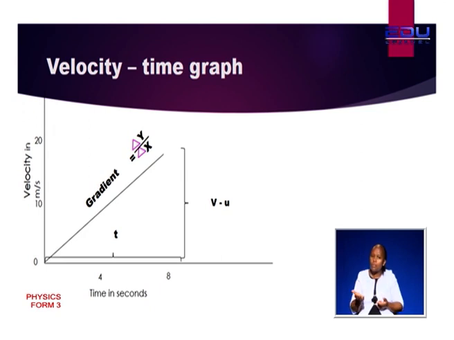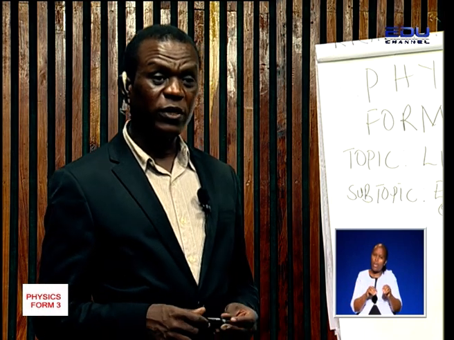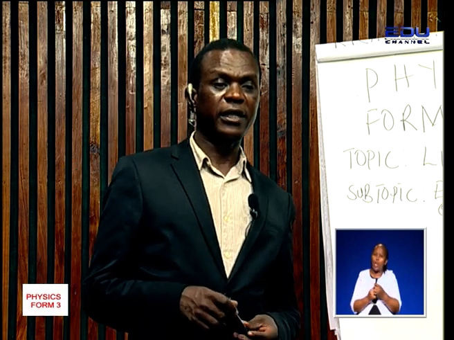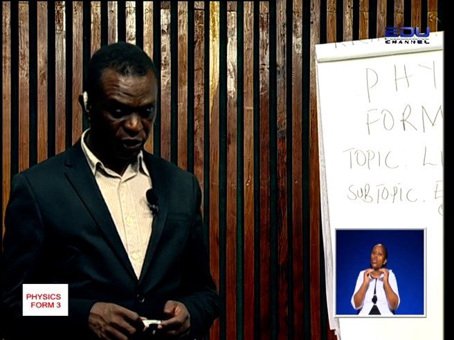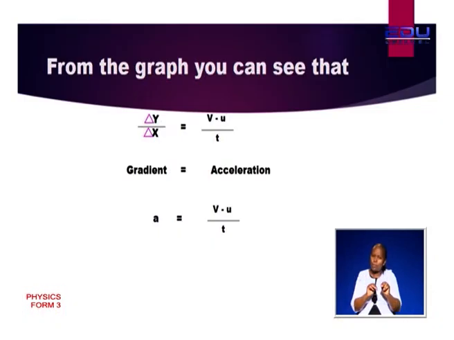Is our acceleration. So let us move on and see how this is going to help us get the equation of motion. So the change in y over change in x, which is the gradient of that graph you had seen, is equal to the final velocity v minus u over t.